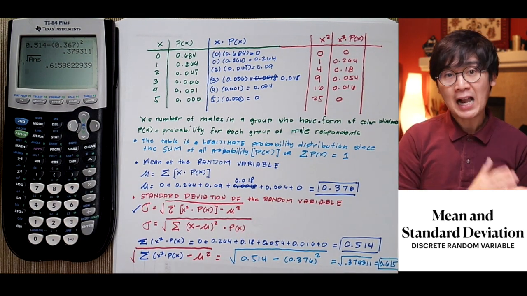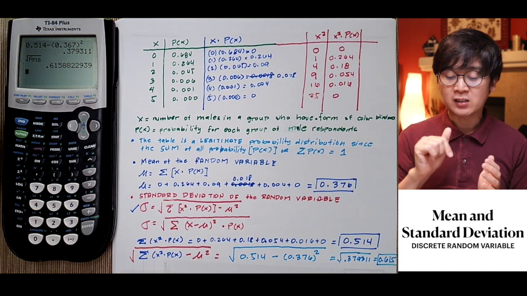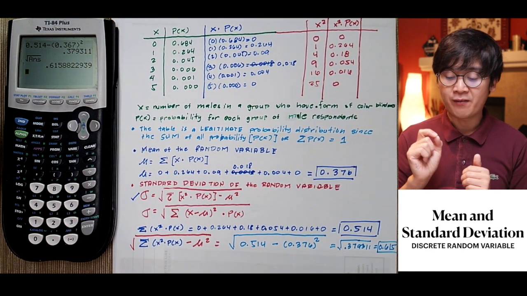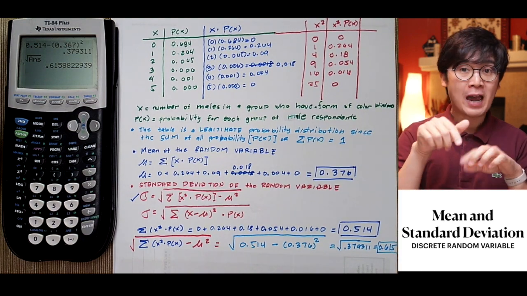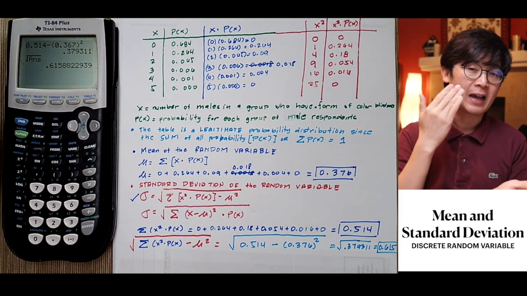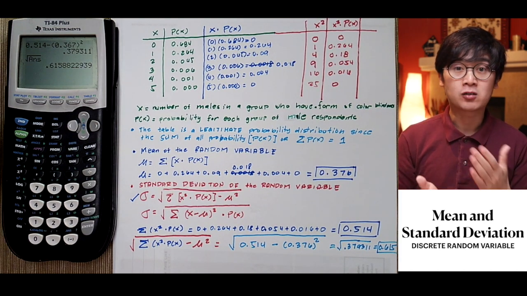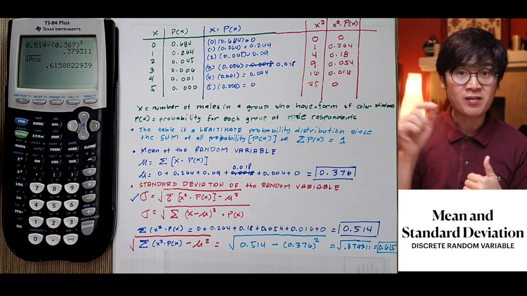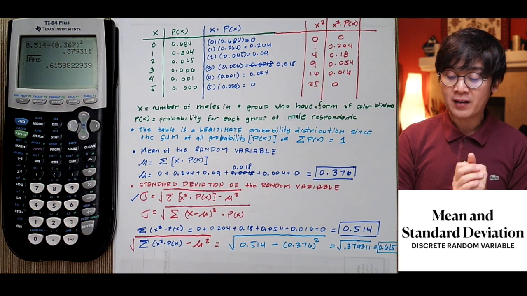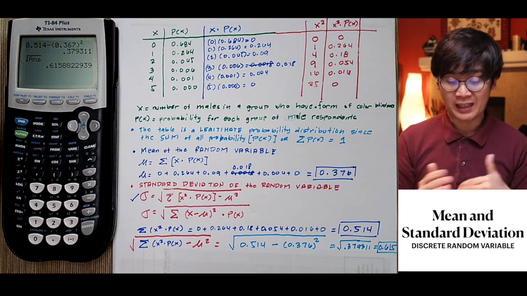Using your calculator once again, we'll have the square root of 0.379311. Now in statistics, if we don't calculate the square root of that value, that is called the variance. And then the standard deviation is the square root of the variance. So we'll have 0.615 using our calculator.